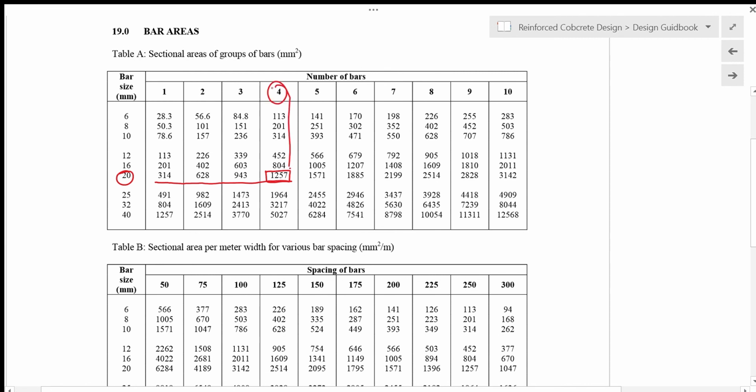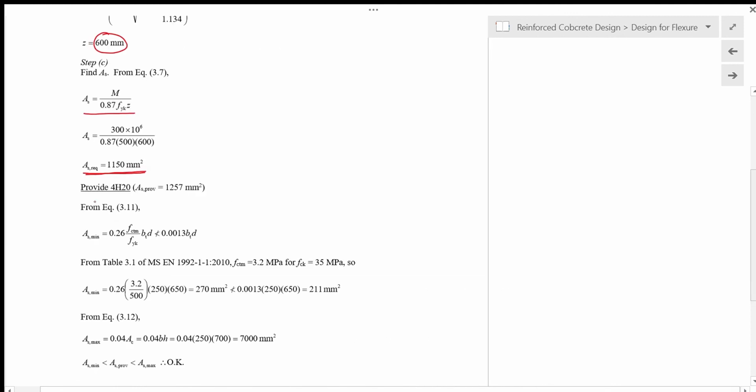So we specify 4H20 in the design. We design 4H20 for the beam, with AS provided of 1257 square millimeter of cross-sectional area.